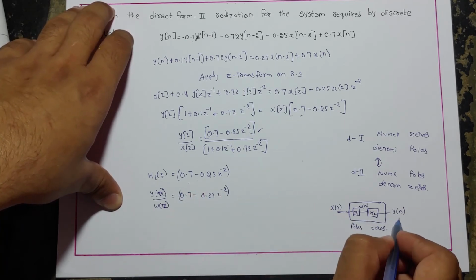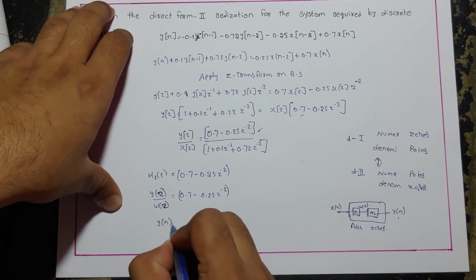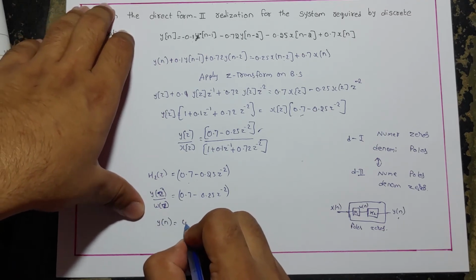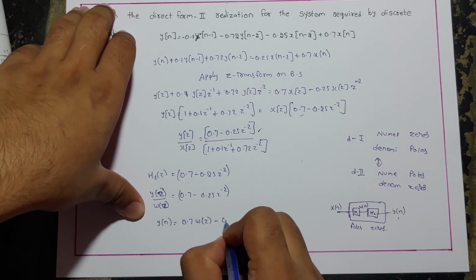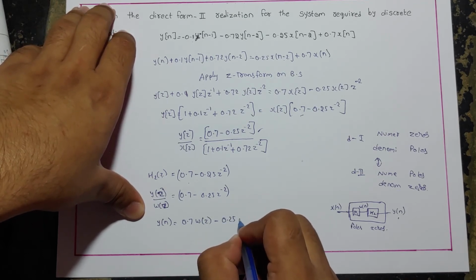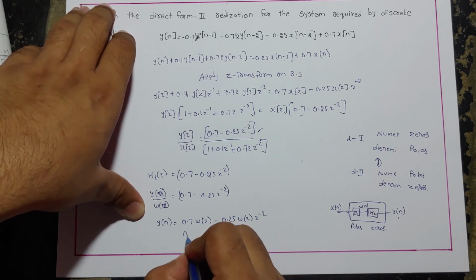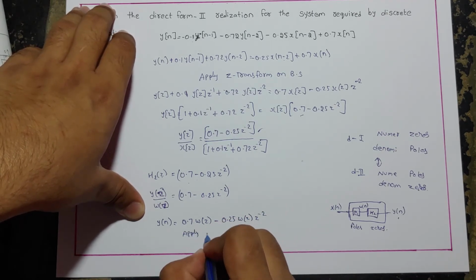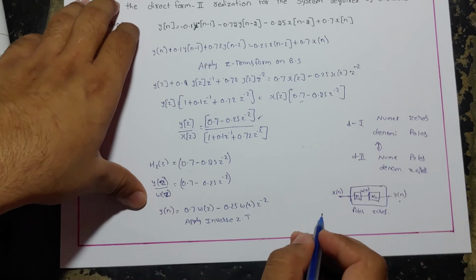As we need the output y of n in this outside term, y of z is equal to 0.7 times w of z minus 0.25 times w of z into z power minus 2. Now apply the inverse z transform.